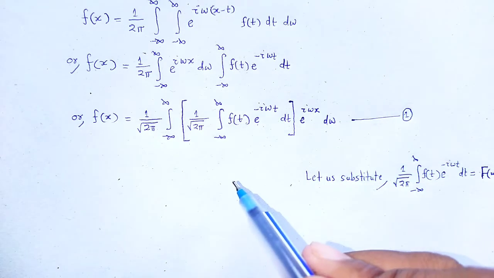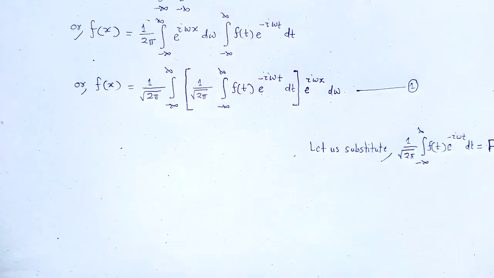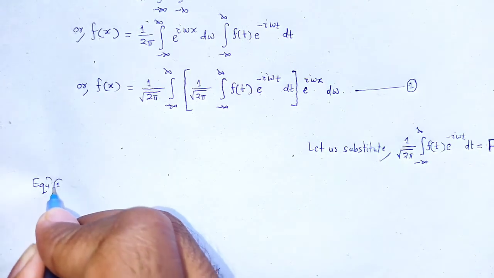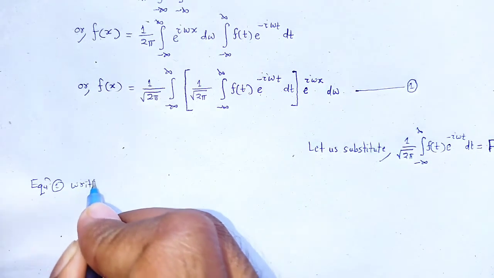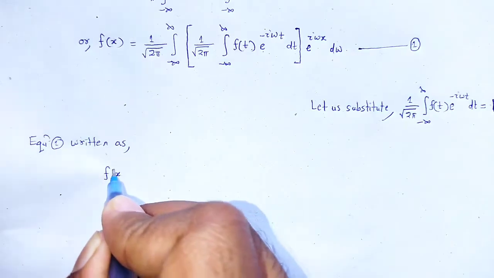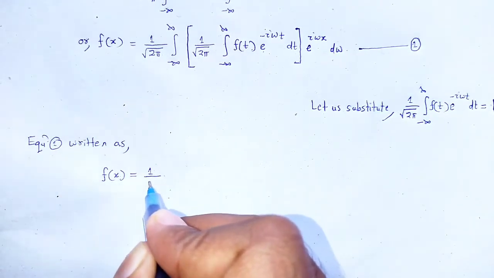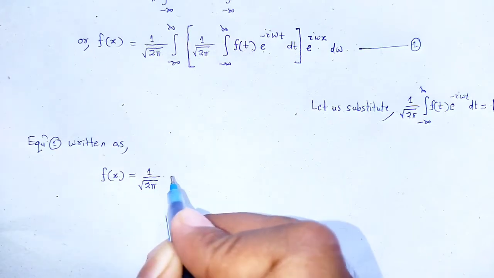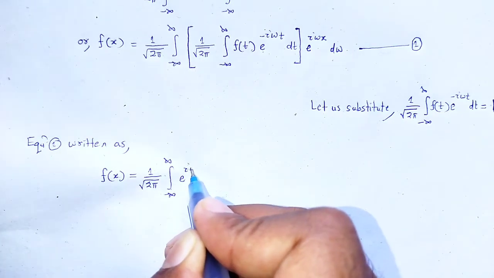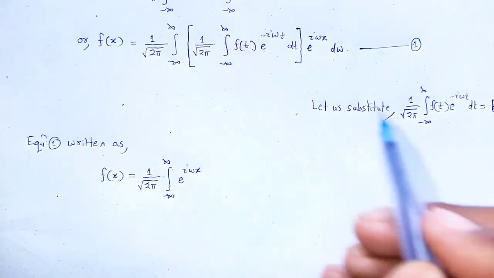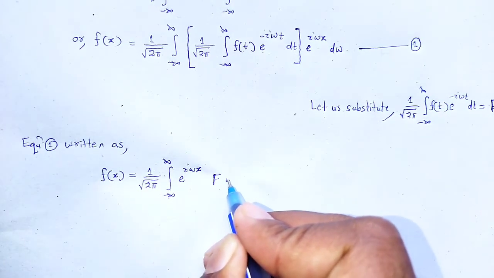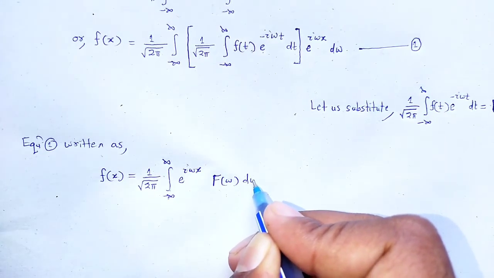That equation can be changed to the form of equation 1, written as the function f of x is equal to 1 by under root 2 pi integration over minus infinity to plus infinity e to the power i omega x. Instead of that integral we substitute F of omega d omega.